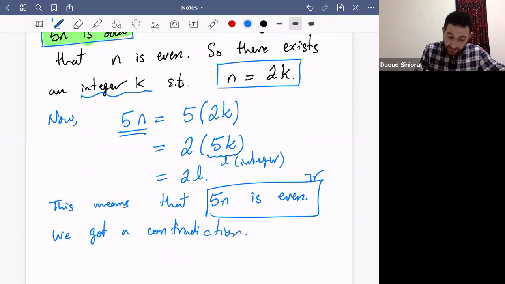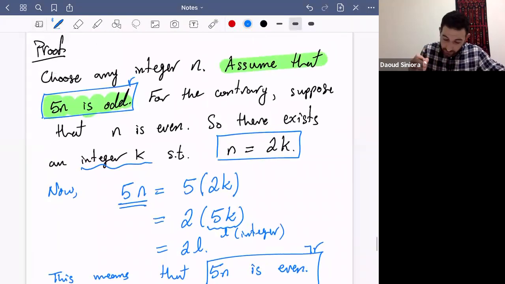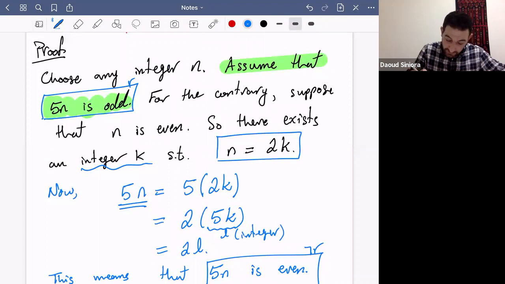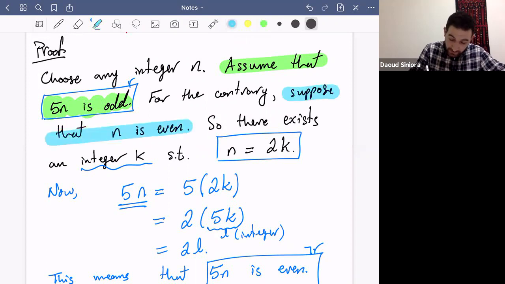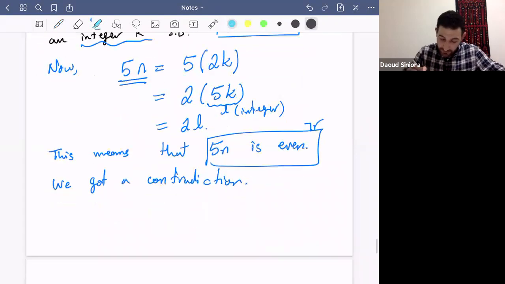And this means that assuming the conclusion to be false is not the case. So supposing that n is even led to a contradiction. Supposing n is even gave us a contradiction. So n can't be even, n must be odd.